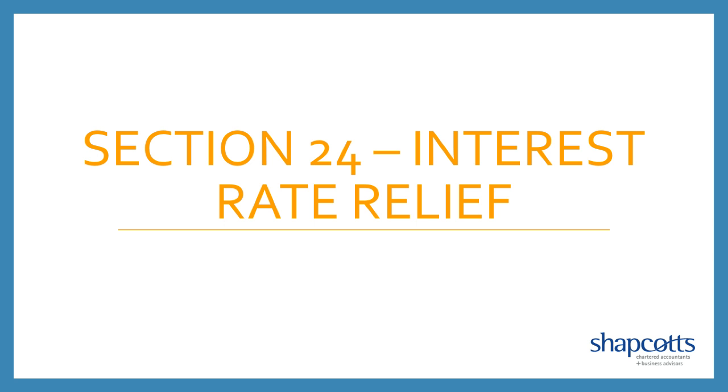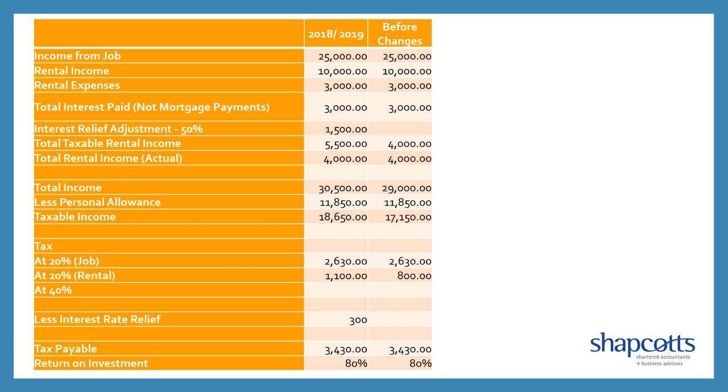Tonight I've done 2 hopefully brief examples to give you an idea of how it would affect someone who's a basic rate taxpayer at 20% and a high rate taxpayer, someone at the 40% tax rate. Hopefully from that, you'll see why there is this impact, especially if you're at the cusp of being a high rate taxpayer.